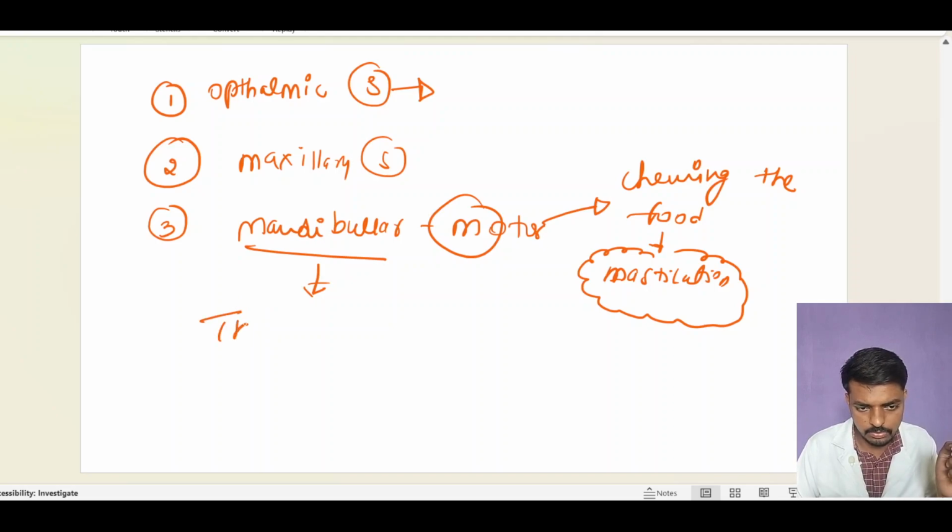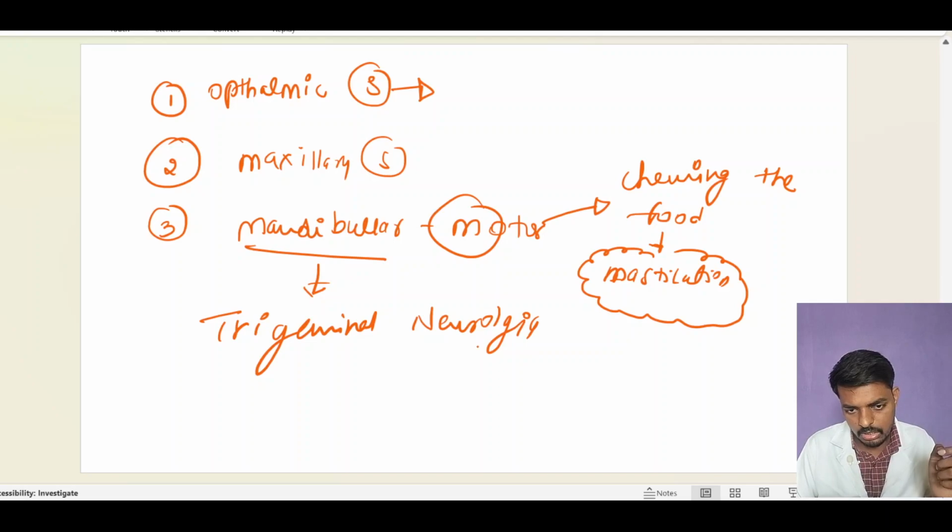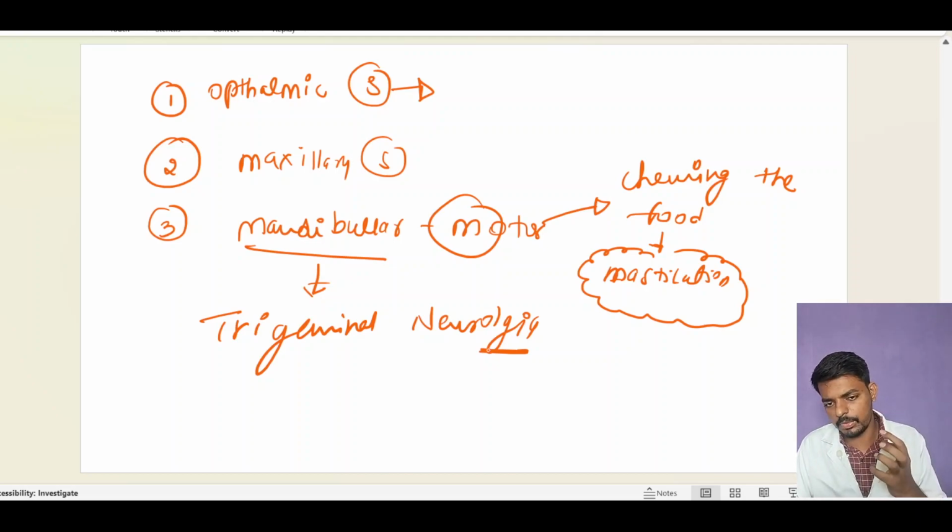Algia means pain. Arthralgia means pain of the joint. So here it is nerve pain, and we call it neuralgia. Due to damage of the trigeminal nerve, we get nerve pain, so we call it trigeminal neuralgia.